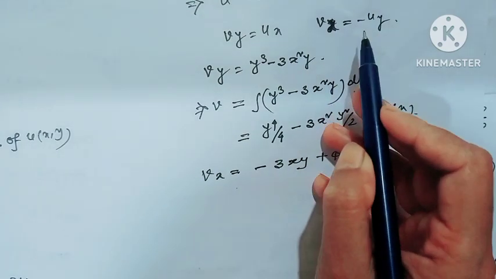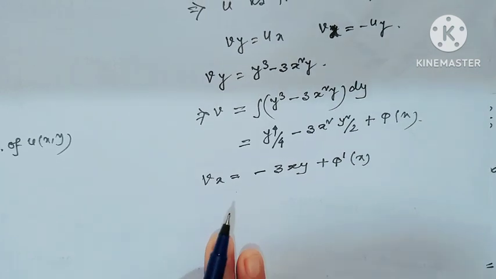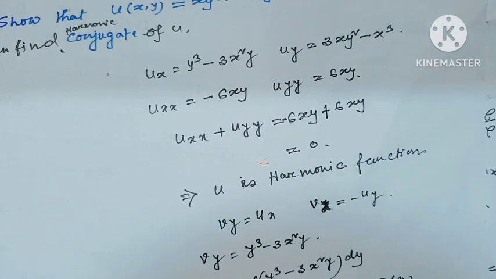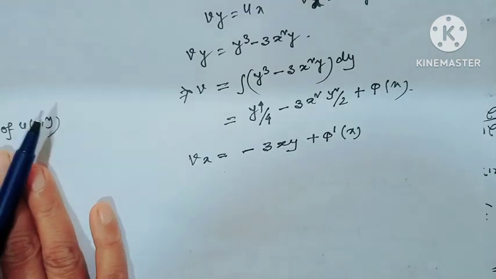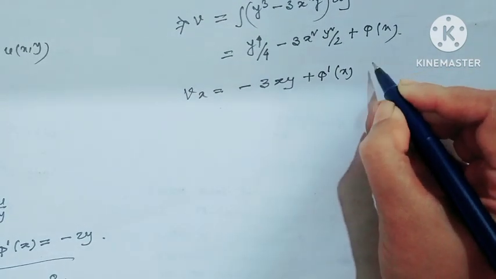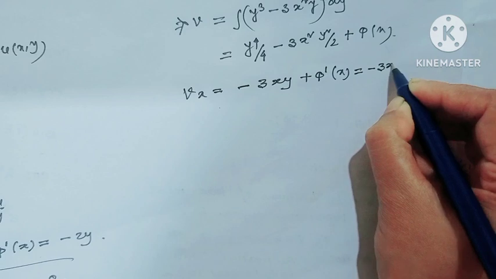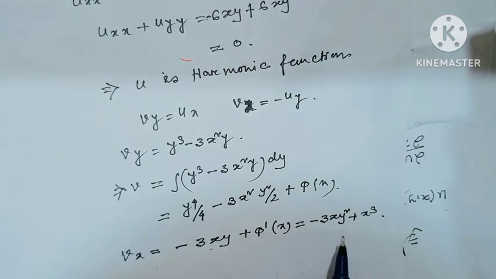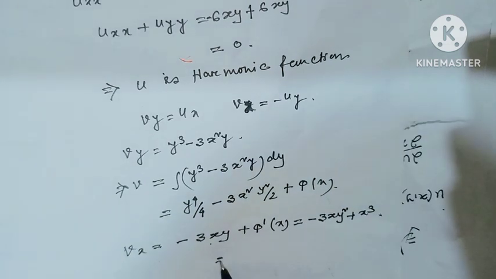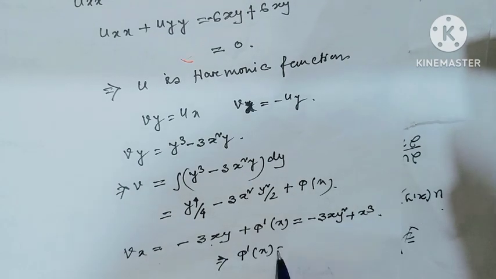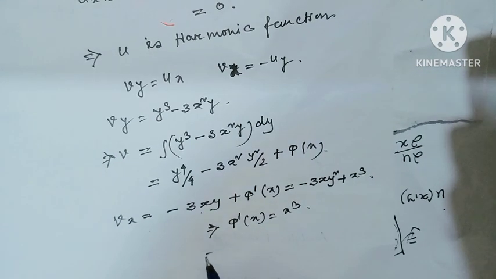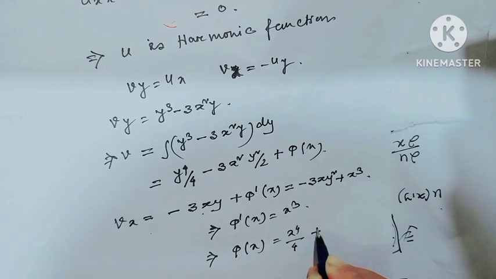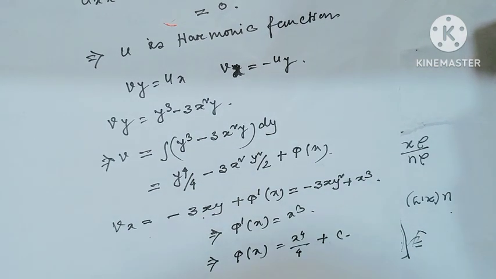And since v_x equal to minus u_y, notice I have got u_y equal to 3xy square minus x cube. Therefore, minus u_y is equal to minus 3xy square plus x cube. From this equation, phi prime(x) equal to x cube. Since phi prime(x) equal to x cube, phi(x) equal to x to the power 4 over 4 plus c. This is phi(x).